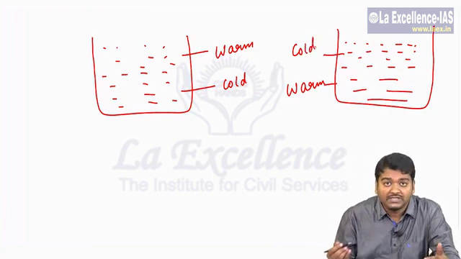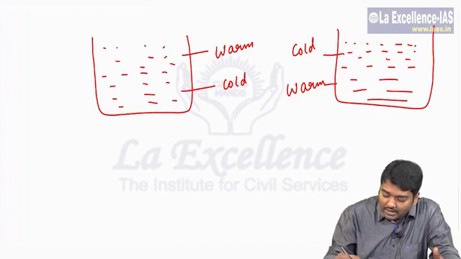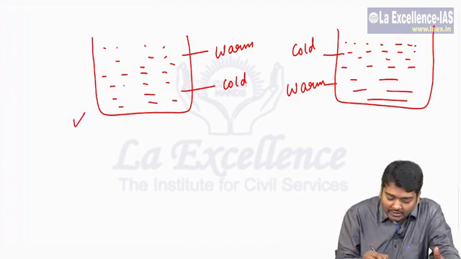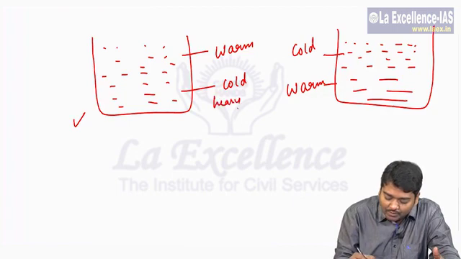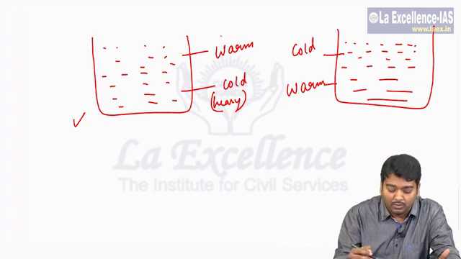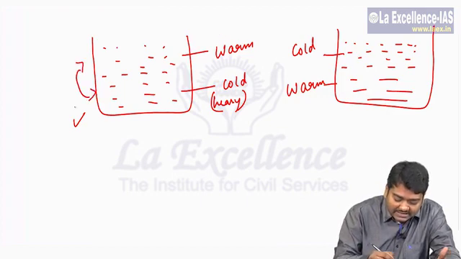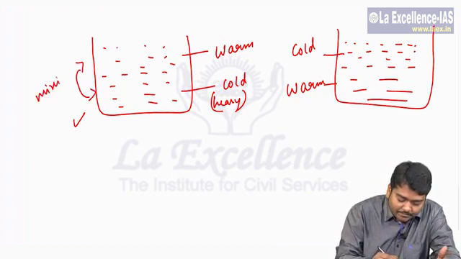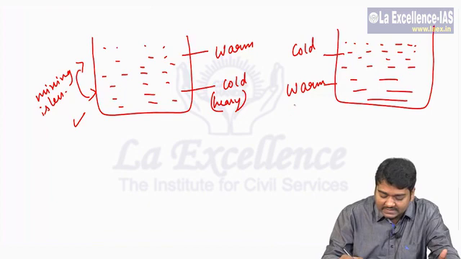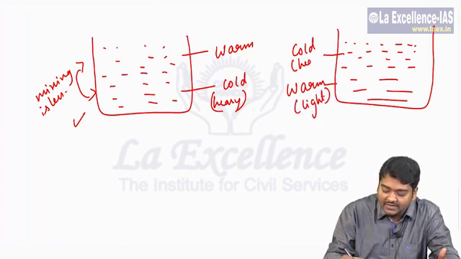Here in this case, cold which is heavy is below, warm which is lighter is above. So mixing is less. But in the other case warm is light, cold is heavy.